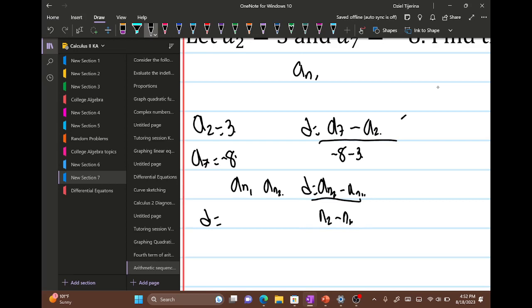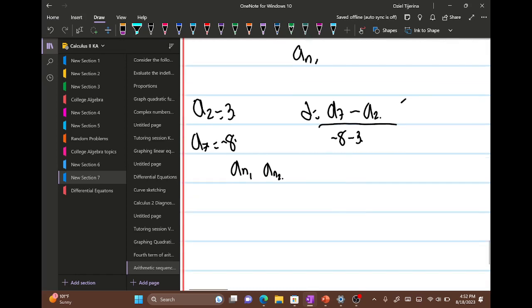If that confuses you, let me know. It just means that you're finding the slope. For n equal to 2, a sub n is 3. When n is equal to 7, a sub n is -8. So we're just finding the slope, and that's what the common difference would be.